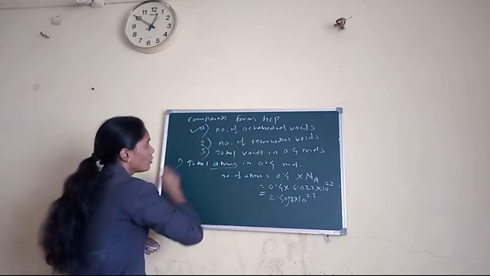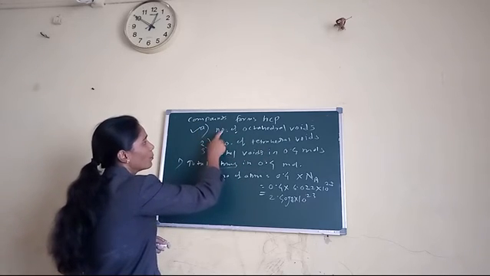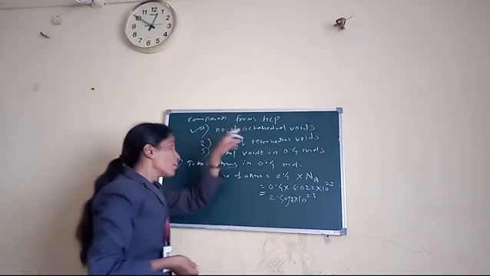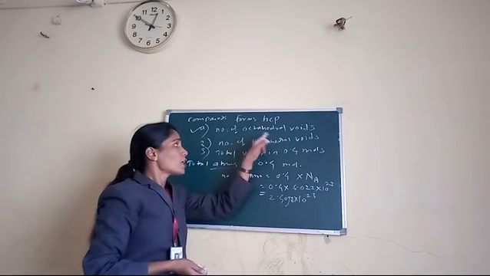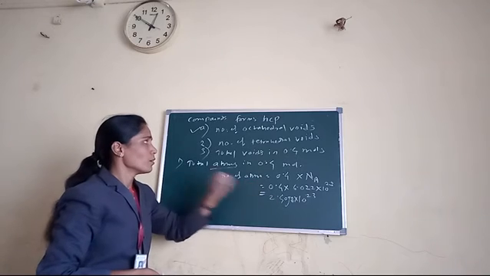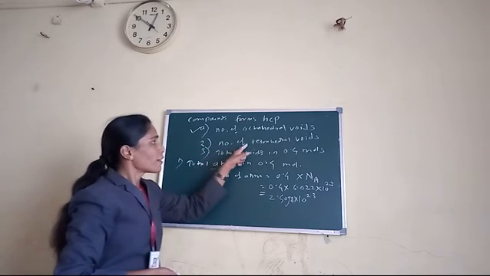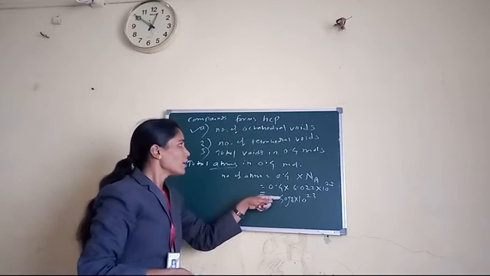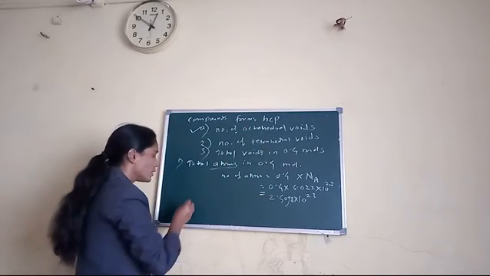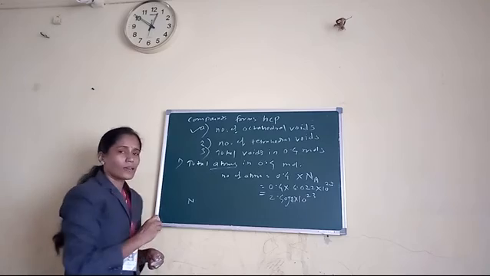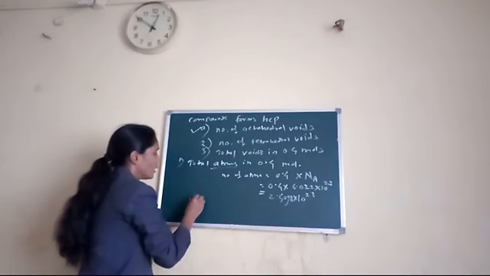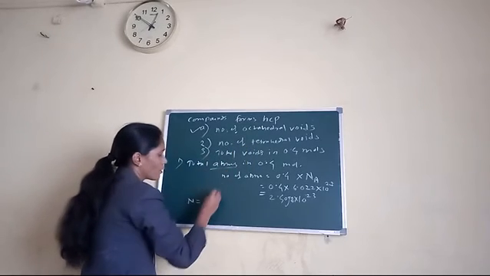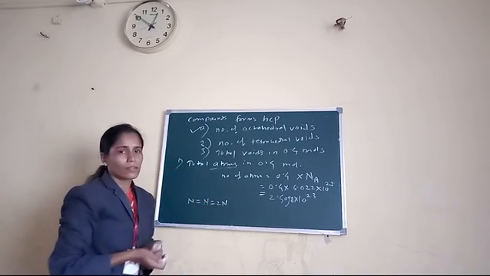Then we solve the first calculation for the number of octahedral voids. We already know that the number of octahedral voids is equal to the number of atoms, and the number of tetrahedral voids is double the number of atoms in HCP. Meaning if the number of atoms is n, then the octahedral voids are also n and the tetrahedral voids are twice n.